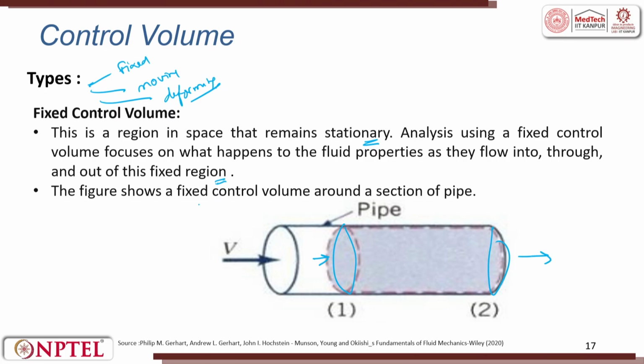The figure shows a fixed control volume across a section of a pipe. So, you can have the velocity coming in V and then the velocity exiting V dash, at the entry point and at the exit point. So, this is a fixed control volume. This volume has to be confined through a pipe. So, that is why we have a pipe here.